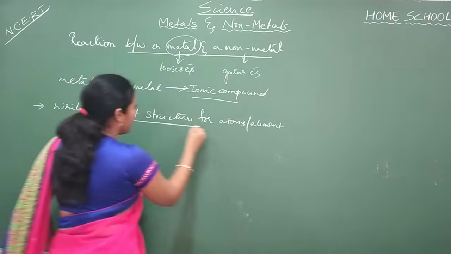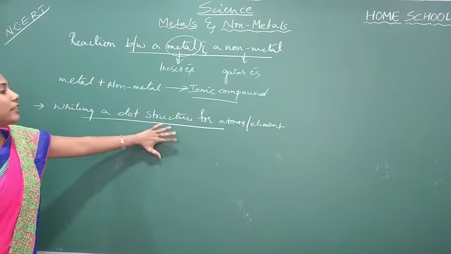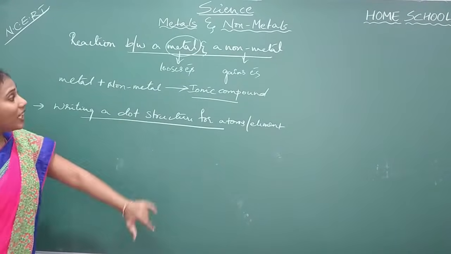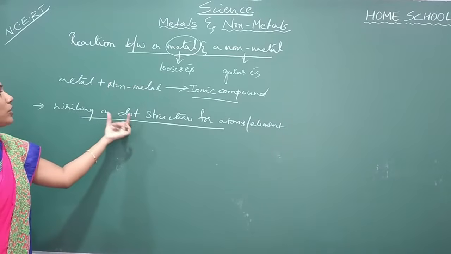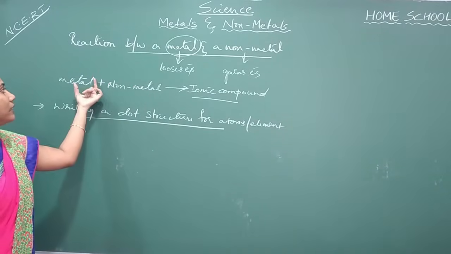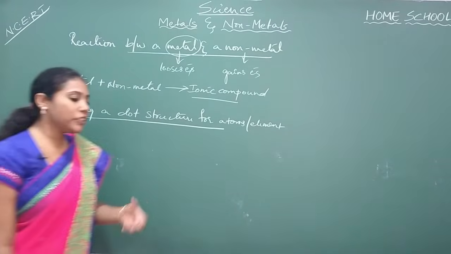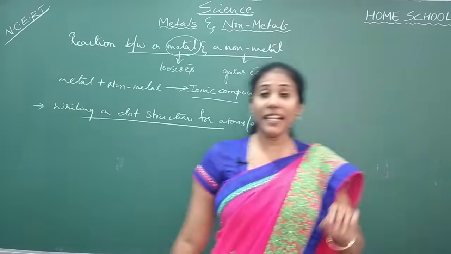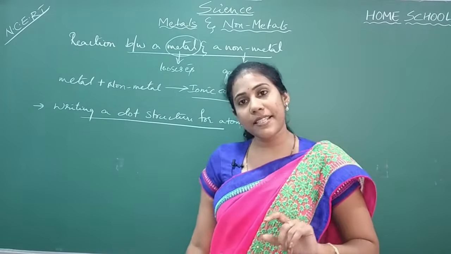This will be a great help in learning this reaction. This is what you must know compulsorily to learn the reaction between metal and non-metal. Dot structure is very simple. For that, you must know the element's electronic configuration.